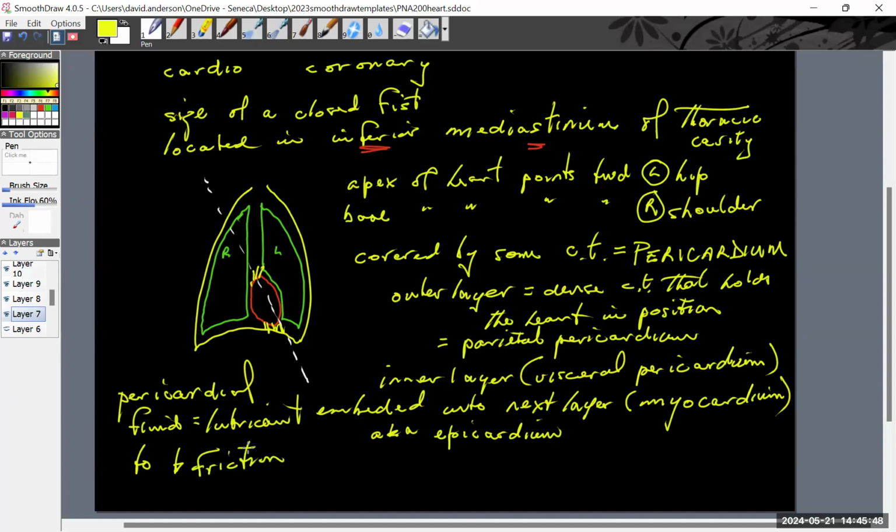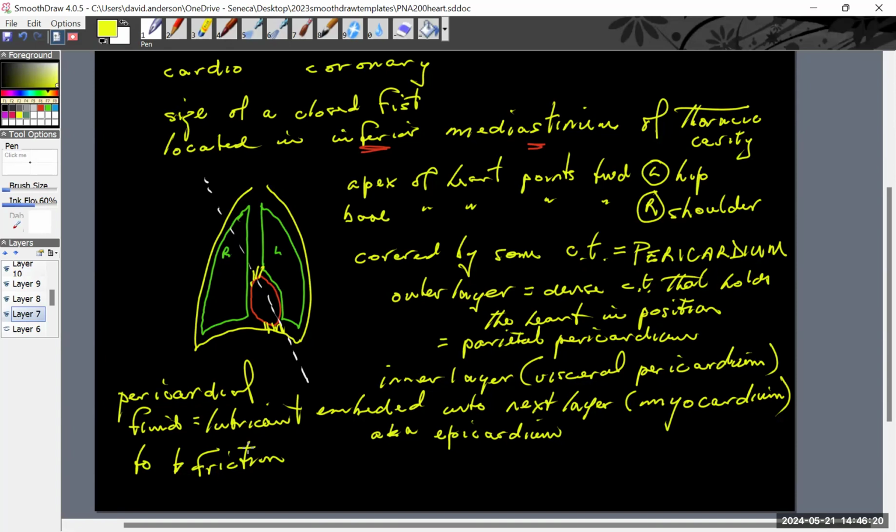So we understand that a heart beats at rest somewhere between maybe 60 and 80 or 90 beats per minute. And in order for that to occur efficiently, we would like the heart not to beat all around the chest wall, but stay in a relatively localized position. That's the role of the outer layer, while the inner layer beats with the contractile pattern of the myocardium, and the lubricant in between allows those two functions to occur with minimal resistance.